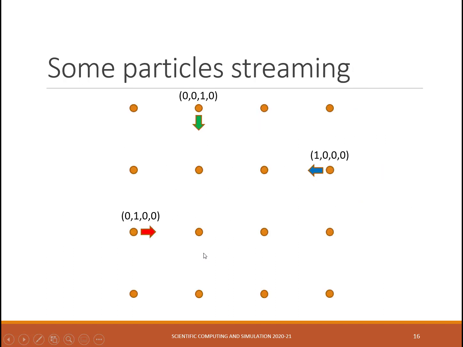In the following slides, we can see how the streaming step creates new generations of cell states by example. In this example, we have three particles as shown here. The local state array of each cell hosting the particles is shown beside the cell.